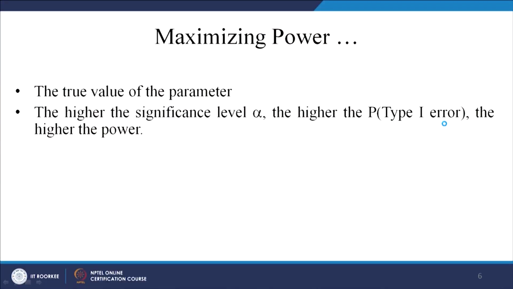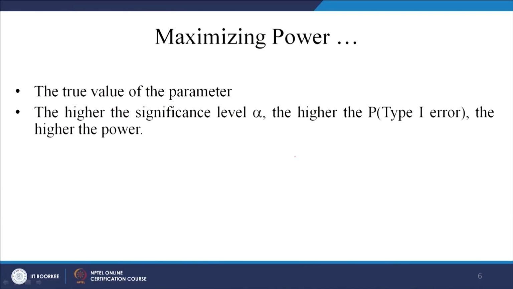So, how do you maximize power? If you understand the true values of the parameters, maybe the mean, the standard deviation, the variance, and can calculate them, then accordingly the power of the study will increase. Similarly, the higher the significance level. We have earlier discussed that alpha and beta are related.